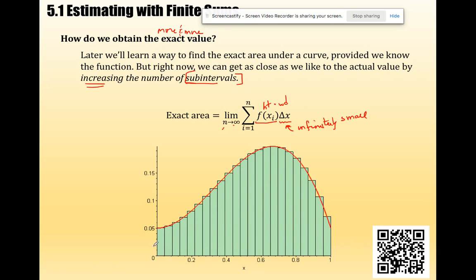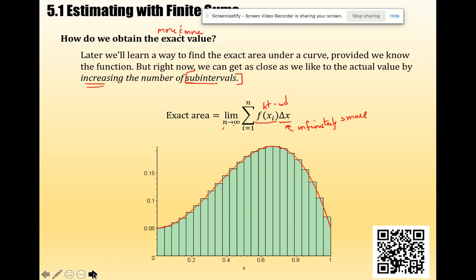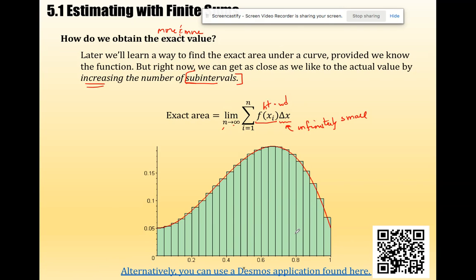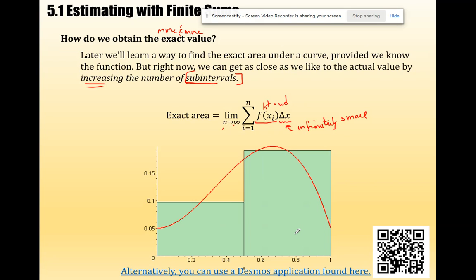So here's a QR code, or a link, to a Desmos application that will let you play around with this function and increase and decrease the number of rectangles. Oh my gosh, how bad of an estimate is that, with 2 rectangles? It'll let you play around with your delta x and your function heights, and it is a very nice visual.